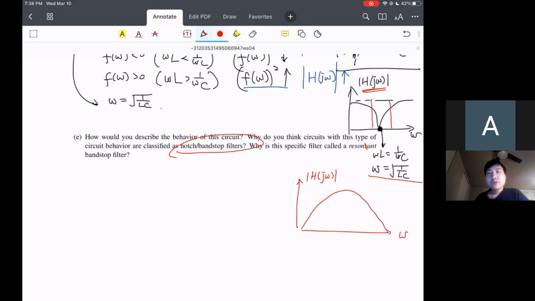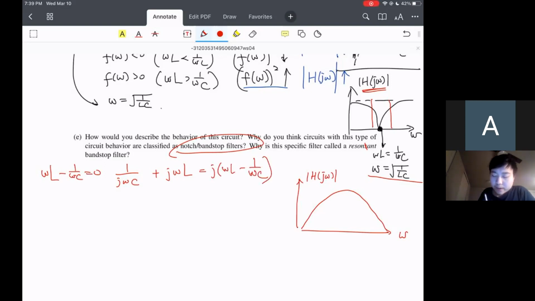And for the last question, we call a circuit resonant when the impedances of its components cancel out each other. In this case, the impedance of the capacitor plus the impedance of the inductor at a given point is j times omega L minus 1 over omega C, right?